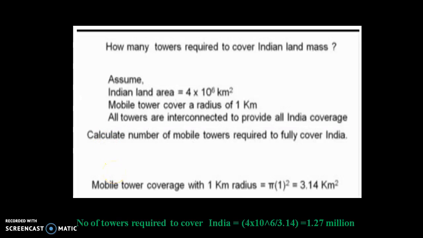For that, the mobile tower coverage can be calculated as pi r squared. Here radius is 1 kilometer, so it is 3.14 kilometer square. And finally, the number of towers required to cover India is calculated by the Indian land area divided by the mobile tower coverage with 1 kilometer radius.